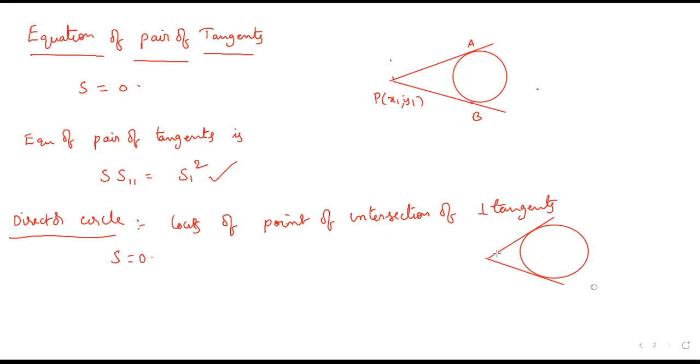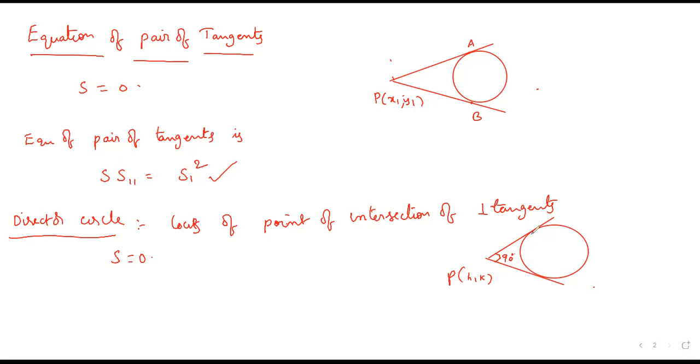If you find the locus of perpendicular tangents, like this is 90 degrees, then the locus of this point (h, k), if you find this locus, is a circle, and that circle is nothing but the director circle.